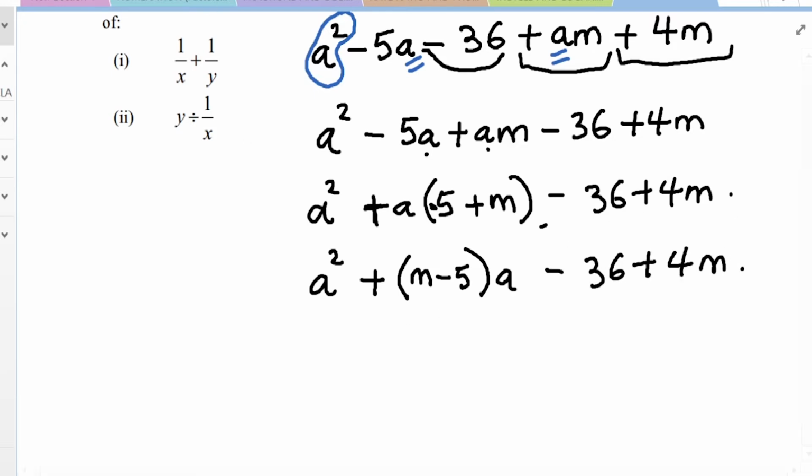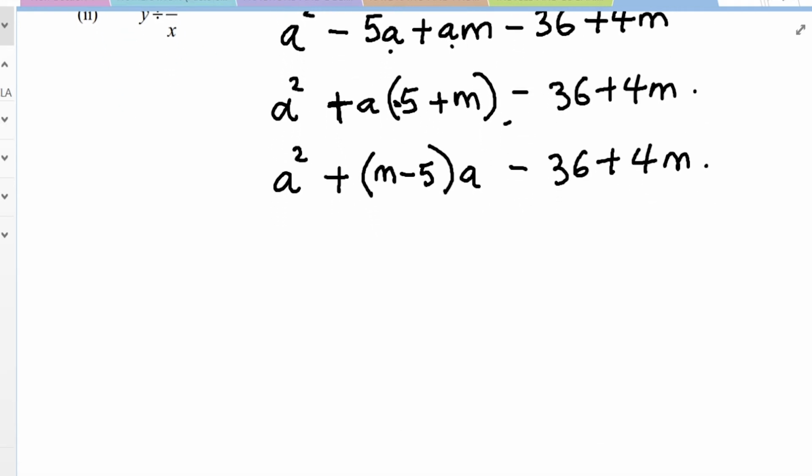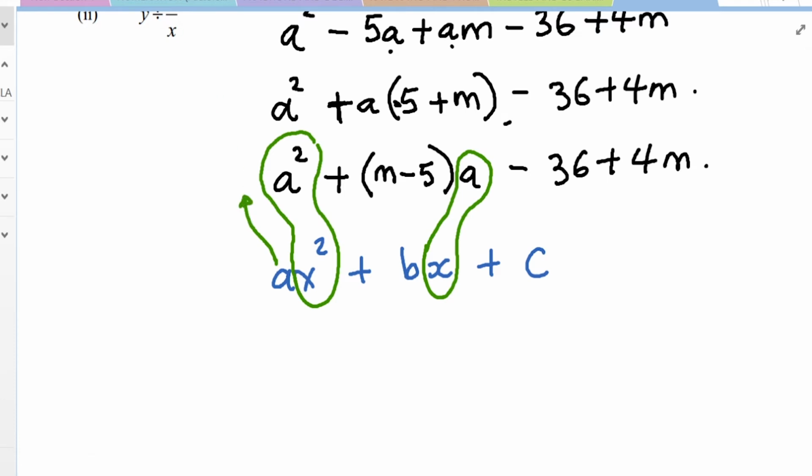I think from here you can see that I have changed this to look like this. It is in the form of ax squared plus bx plus c. And from here we can see that my value of a squared is the x squared right there. My value of x here is the a here, and so it means that my value of a here, as far as this expression is concerned, is 1.